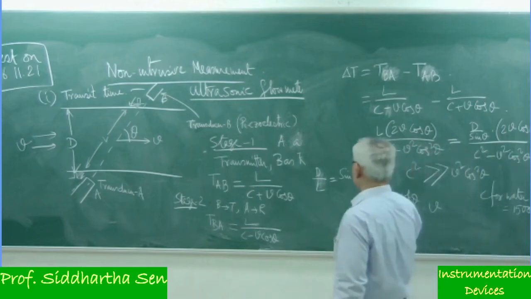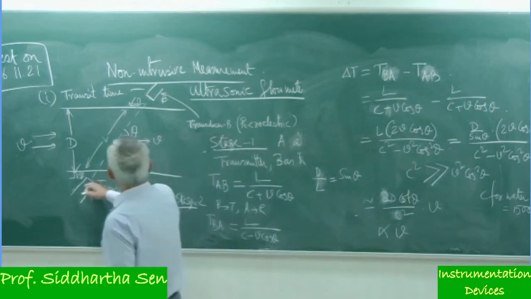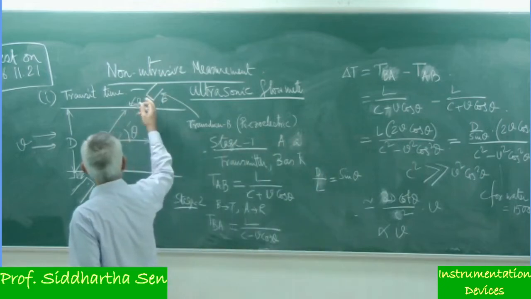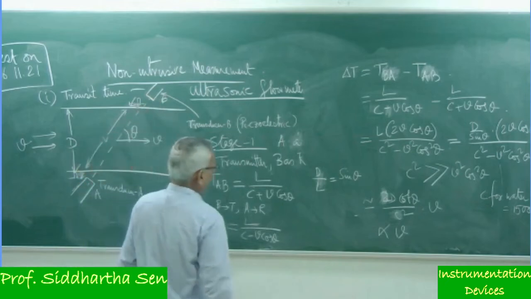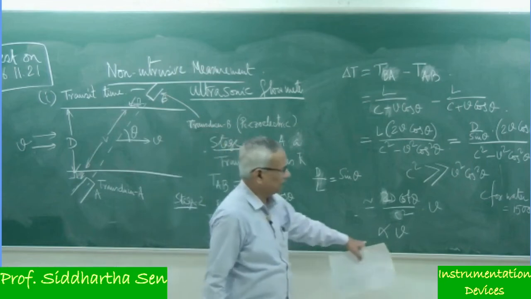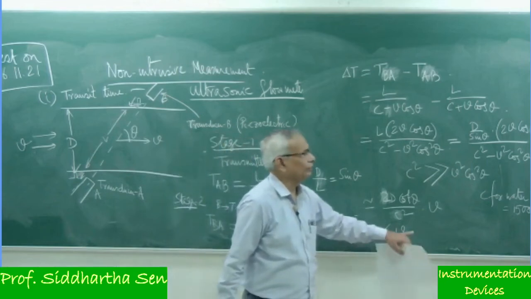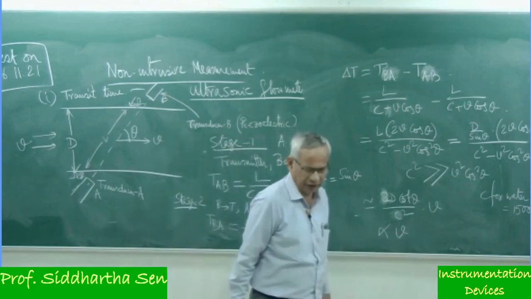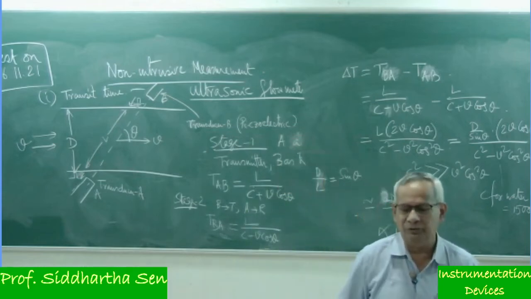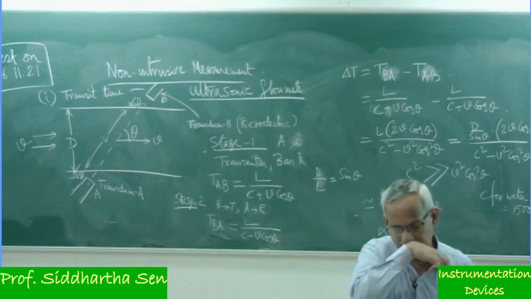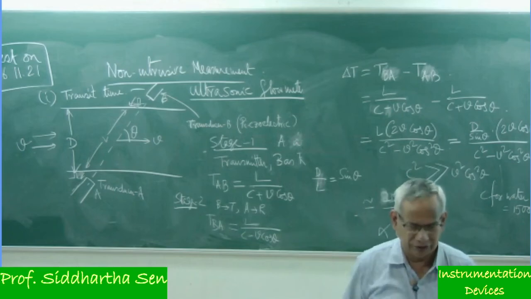So measure the time, send a pulse from here to here and see the time, send a pulse from here to here, see the time, find out the difference, and this difference is approximately proportional to the velocity v. So we need not break open the pipe; on any existing pipeline, I can do the measurement.